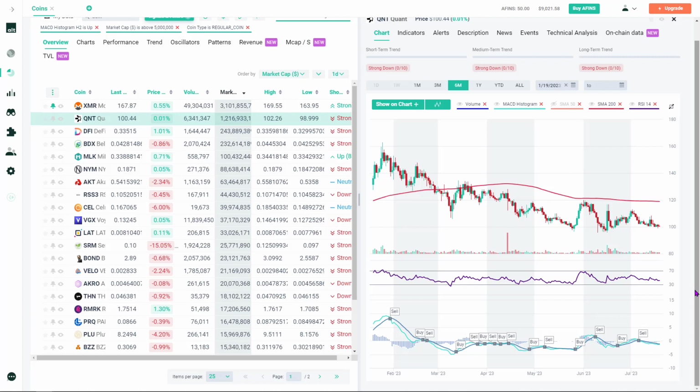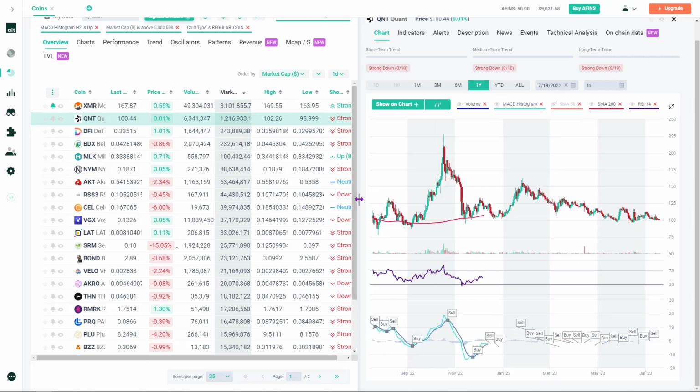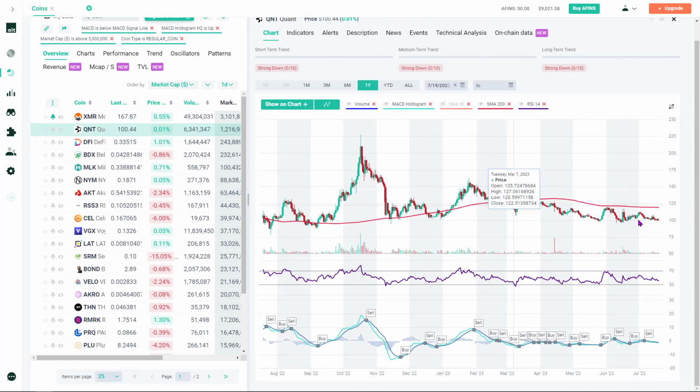And the reason it's appeared in the screen is because the momentum was improving, but it could be sort of an upswing. But the other thing that I kind of like, if I actually extend the time horizon even further to 1 year, is that it's back to that $100 support level.